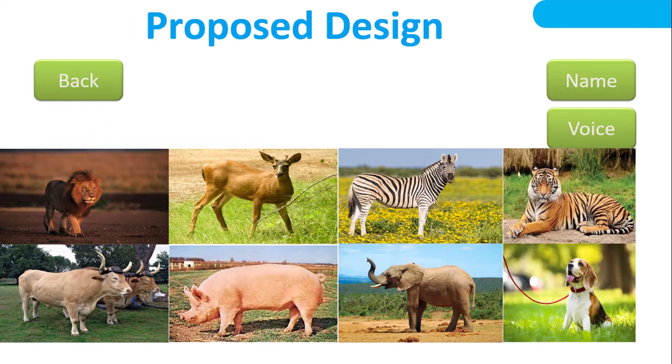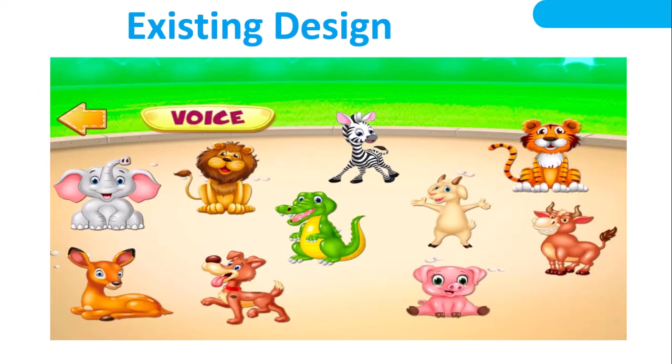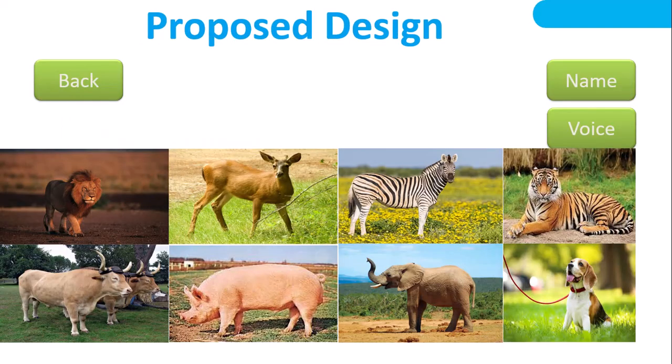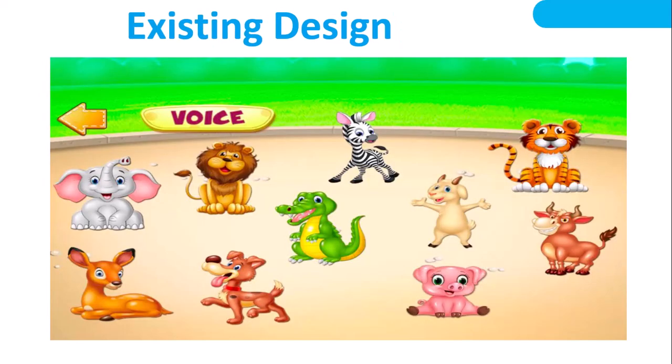This is the proposed design of the animal, and this is the existing design. In the proposed design, you can see everything is the same as the real, and in the existing design, the pictures are very different from the real.